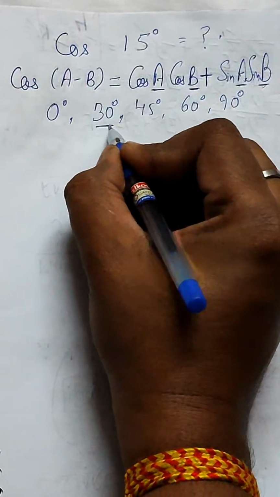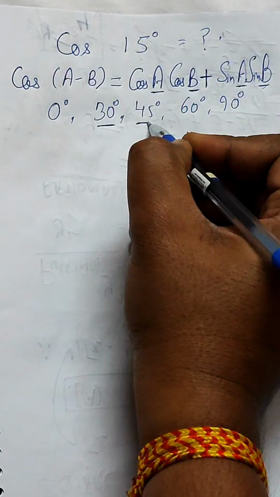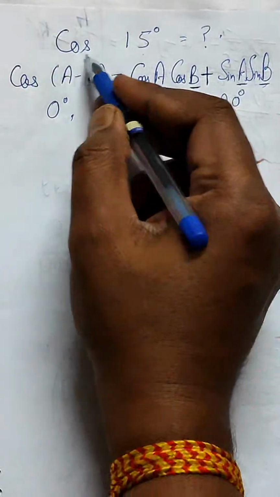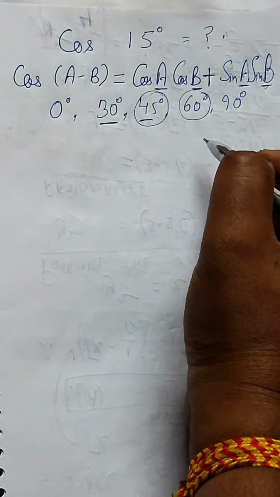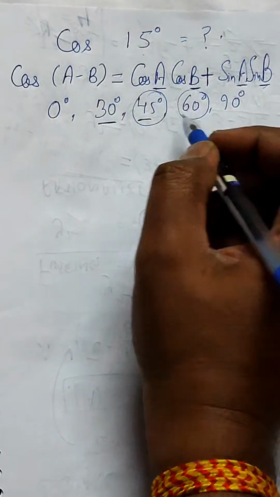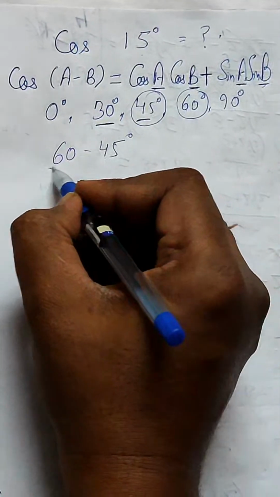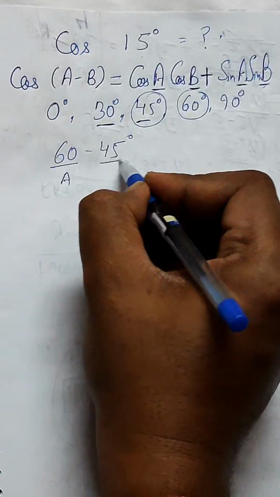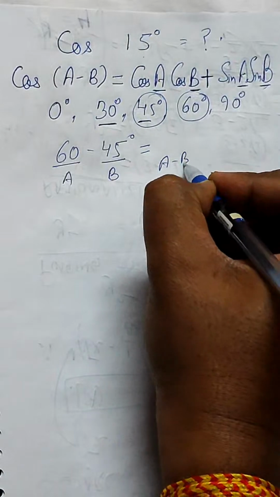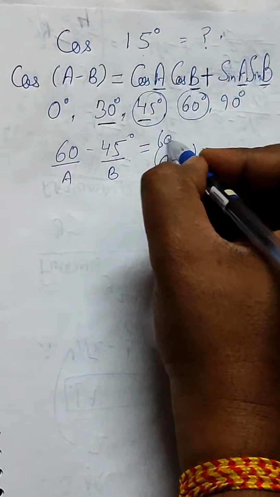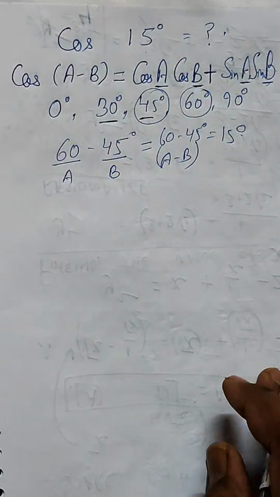Since for sin 15 we took 30 and 45, for cos 15 we will take the pair 45 and 60, right? Keeping 60 as A and 45 as B, A minus B will be 60 minus 45, equal to 15 degree, right?